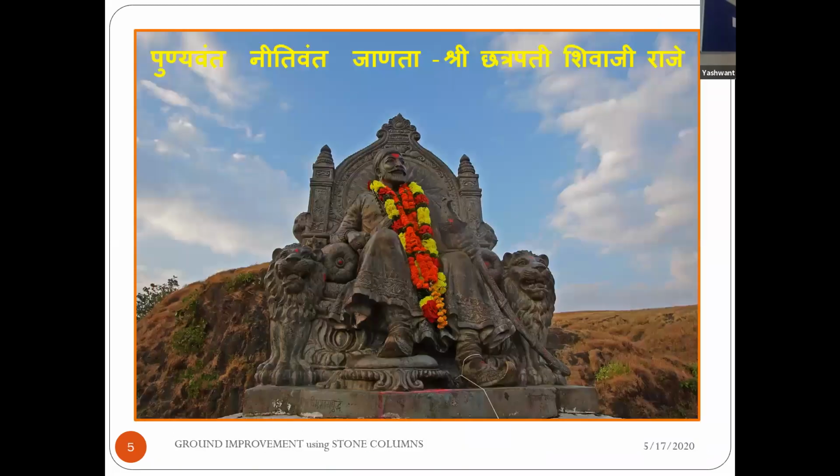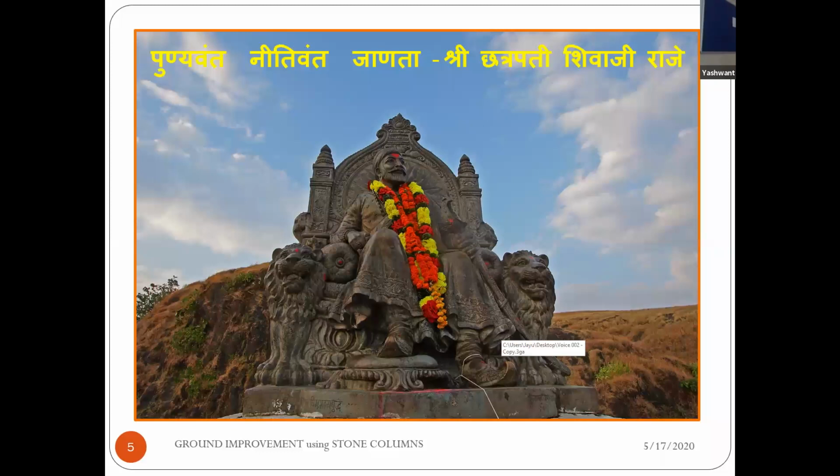Before we begin with the presentation, Chhatrapati Shivaji Maharaj, as everybody knows, was a king, and all Indians across the globe love him. We know him as a king, as kind-hearted, and most of us also consider him a god.